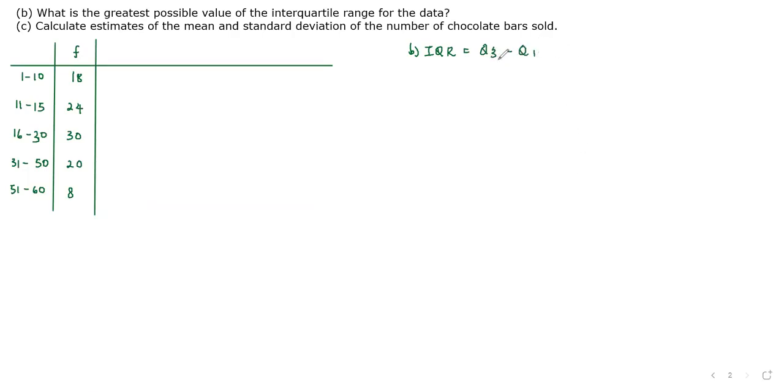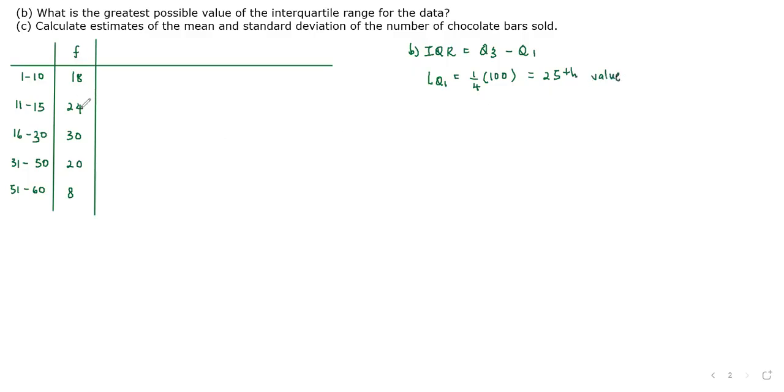So to find them, first of all, we must determine the class where the first quartile is located. The location for the first quartile is 1/4 of the number of data values. That will give us 25. So we look at the 25th value.